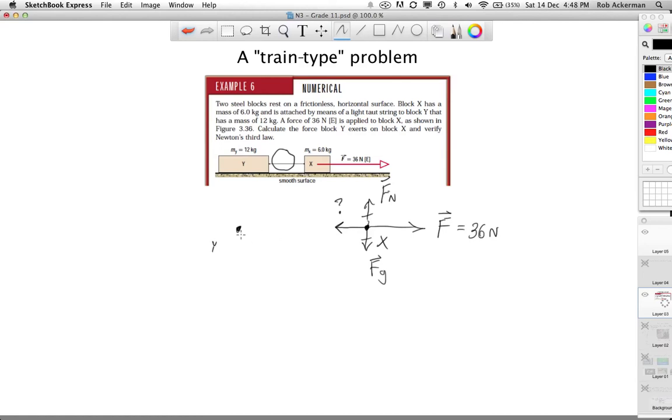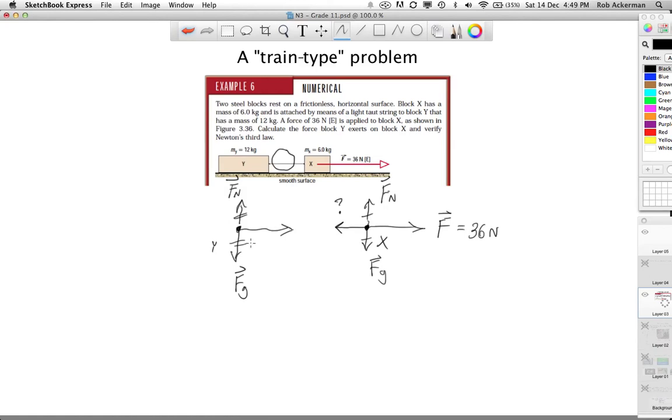This is block Y. What forces are being exerted? Certainly gravity, certainly a normal force. And again, as long as block Y is not flying up in the air or sinking down into the ground, those are equal. But is that all? The answer is no. If somebody pulls on block X, and block X is attached to block Y, that string is going to pull block Y in the forward direction.